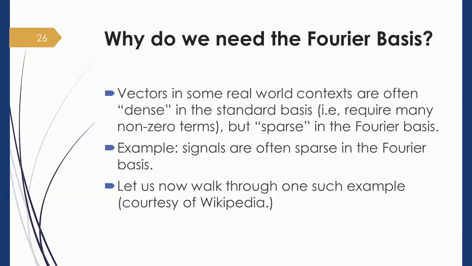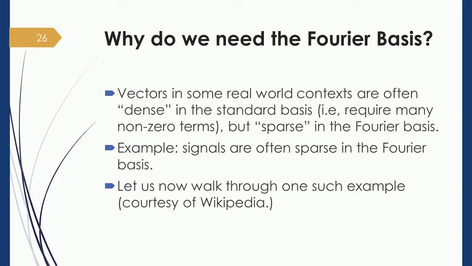Now focus on why we need the Fourier basis. What do we gain by transforming a vector from the standard basis to the Fourier basis? Many signals and vectors in real world contexts are often dense in the standard basis. Their standard representation will have a lot of non-zero terms and may look pretty complicated. But oftentimes, once they are transformed into the appropriate Fourier basis, we will notice that there will be a few prominent terms and the other terms will not be prominent.